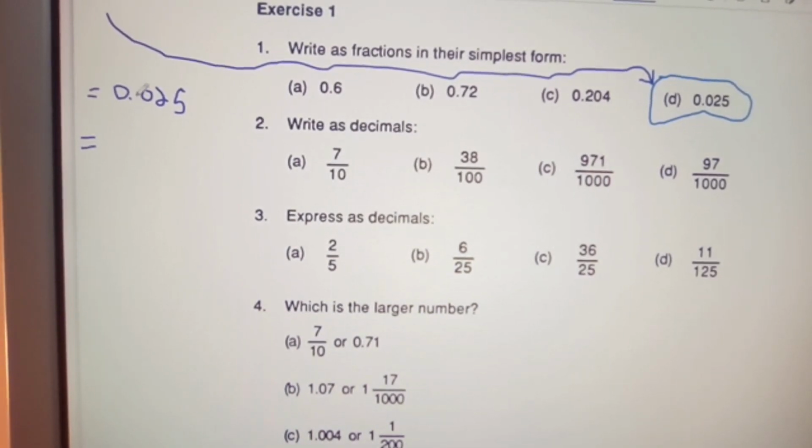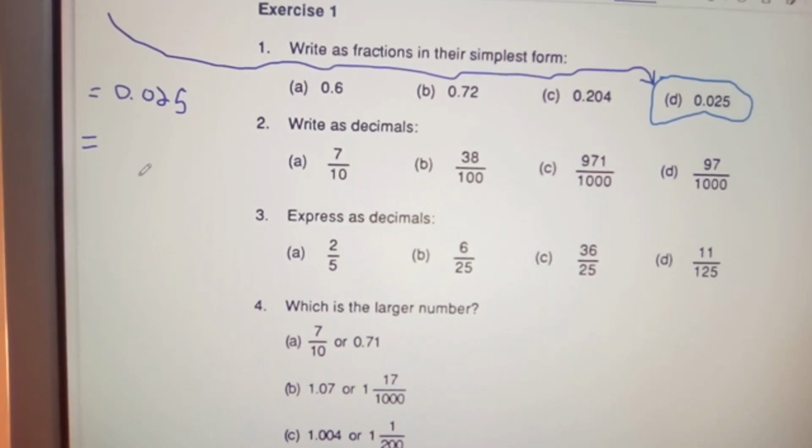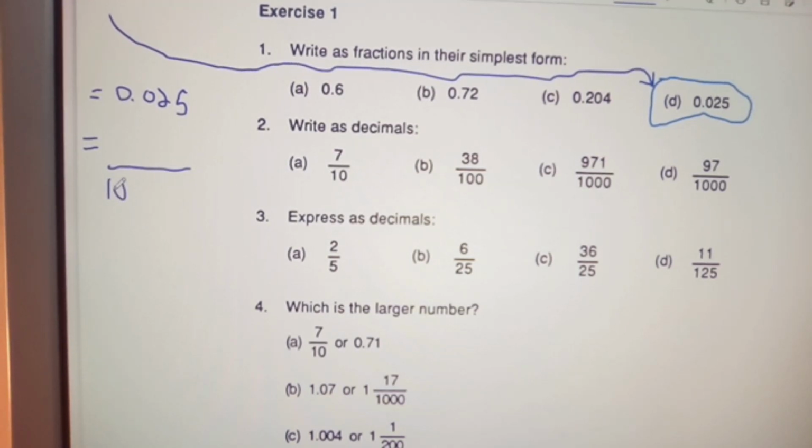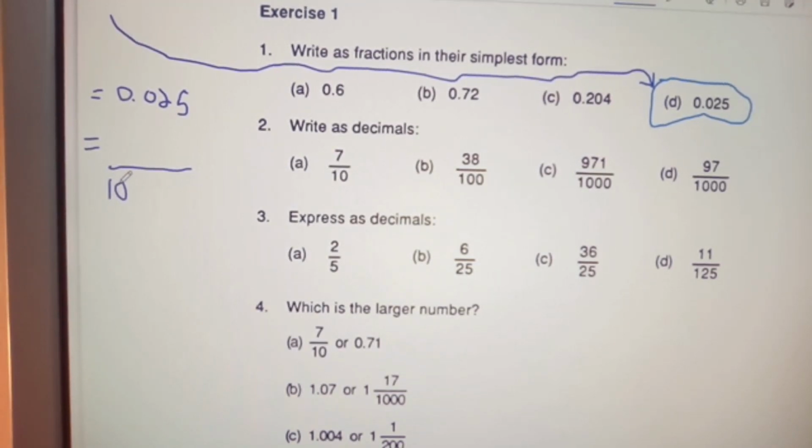So again, how many zeros are we going to add? We move the decimal point 1, 2, 3. So we're going to add 3 zeros. So that's going to make it over 1,000. So 1, add a 0, another 0, and another 0.